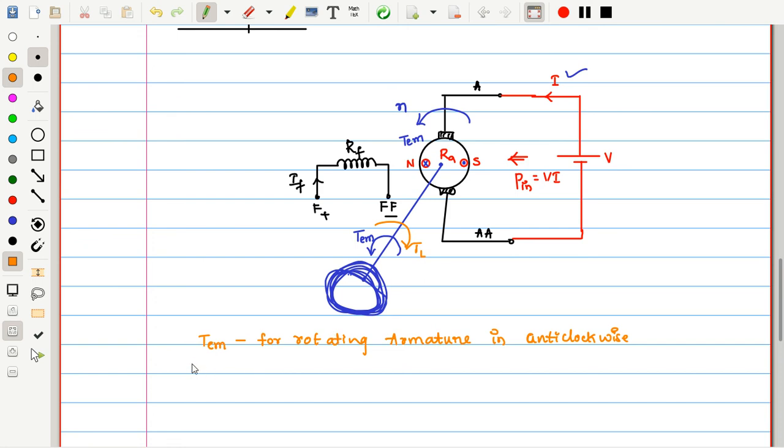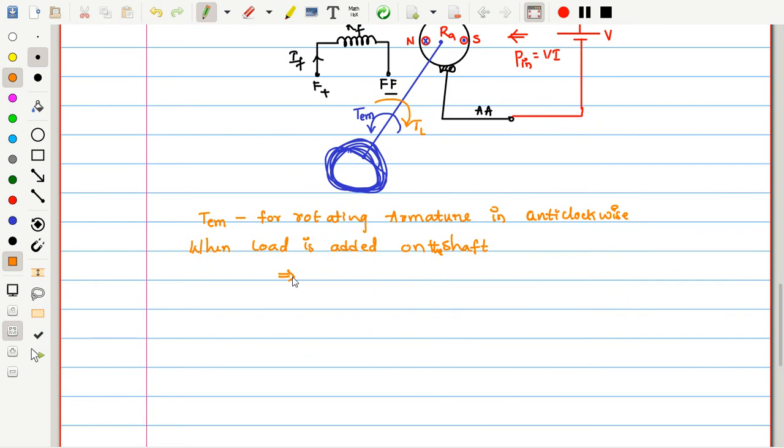Once this is taking place, when mechanical load is added on the shaft, then a load torque TL will try to act on the shaft opposite to the electromagnetic torque.